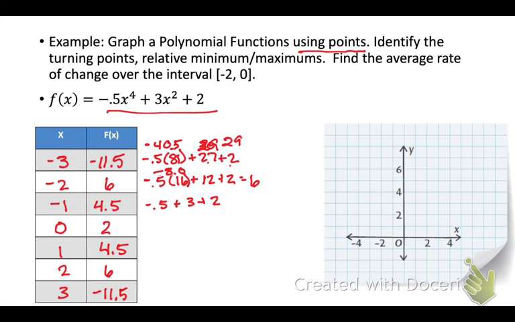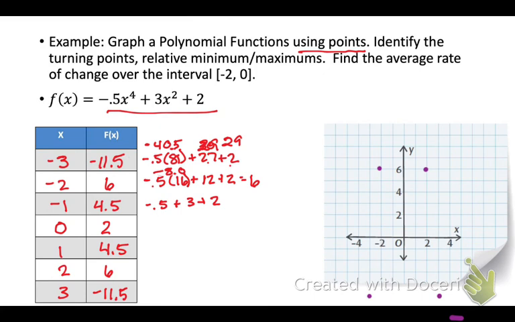Yes? Okay, so now we need to graph it. -3 is somewhere down here, right? And then +3 is somewhere down here. Hopefully that's about even. -2 is 6, and 2 is 6.